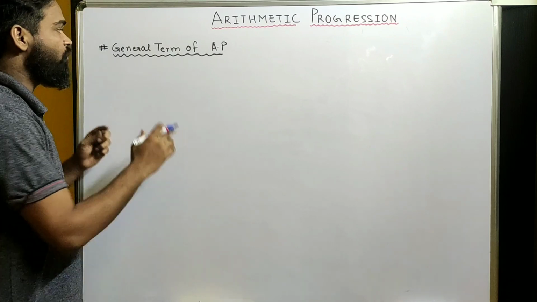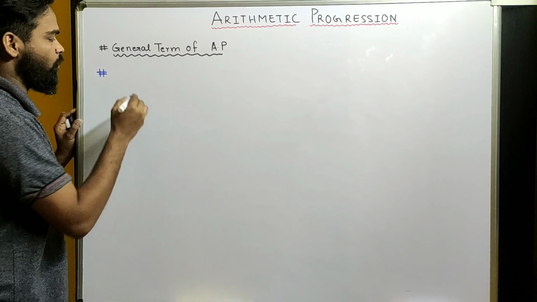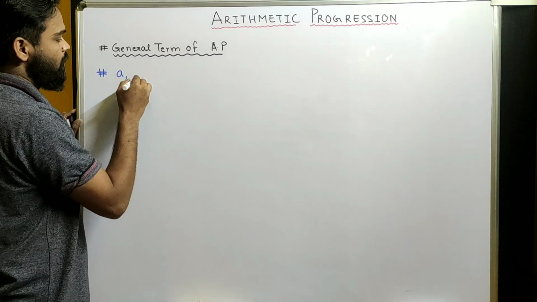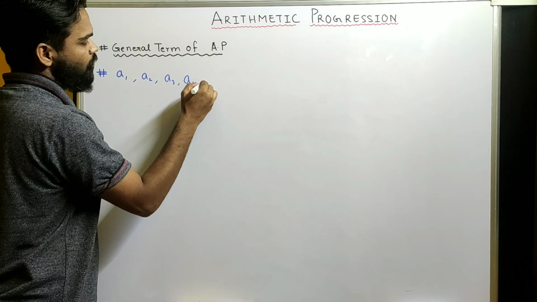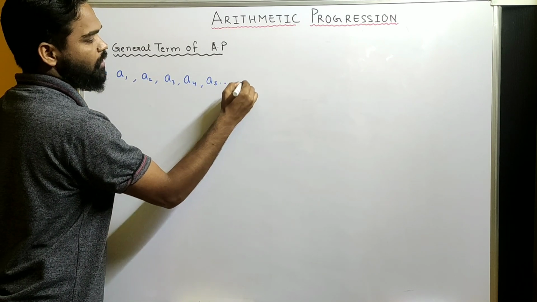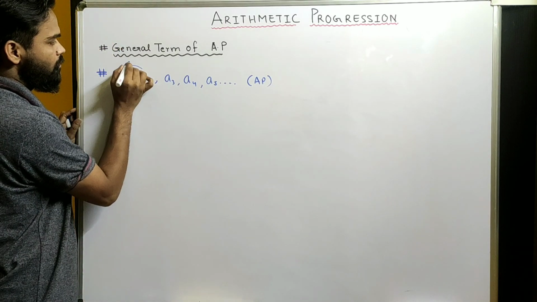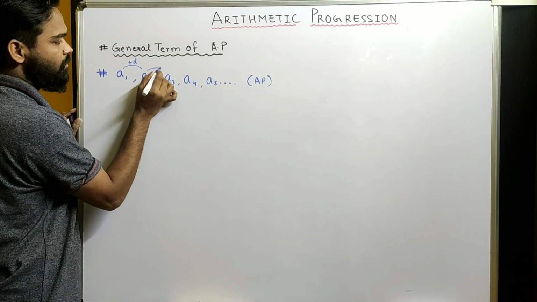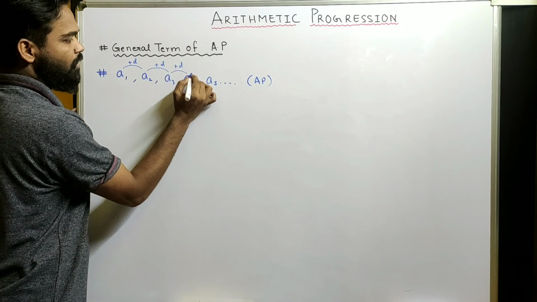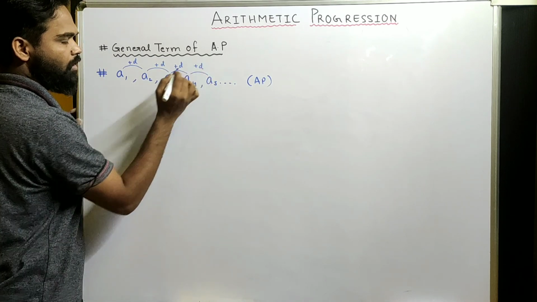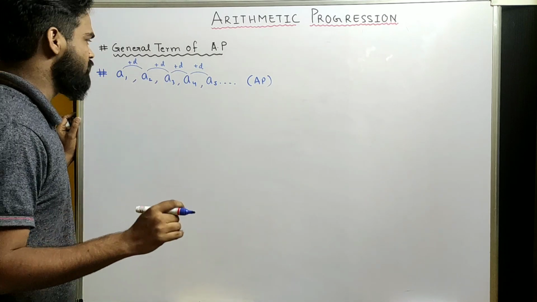Now let us see how to find the general term of AP. Let us take a sequence of numbers A1, A2, A3, A4, A5, and so on, and I tell that they are in AP. We know when we add d, we get the next term, isn't it? d can be positive in case of increasing sequence, d can be negative in case of decreasing sequence.